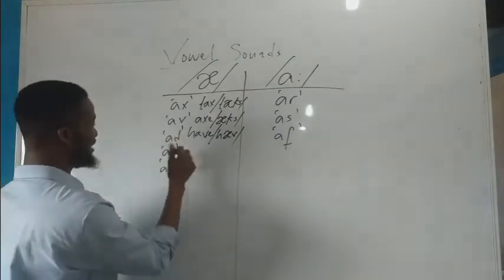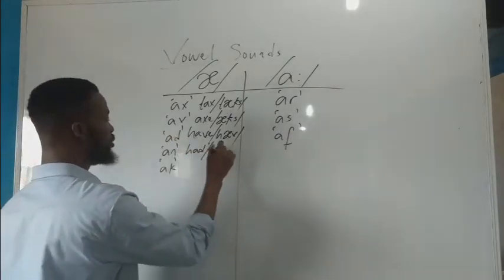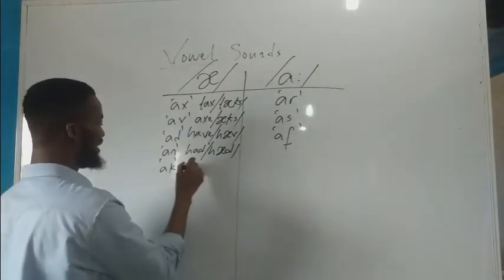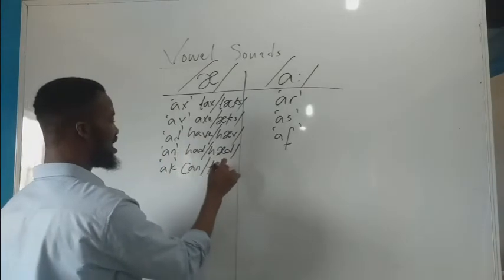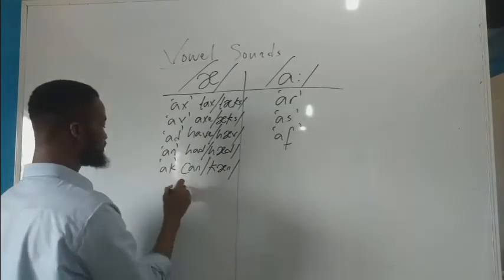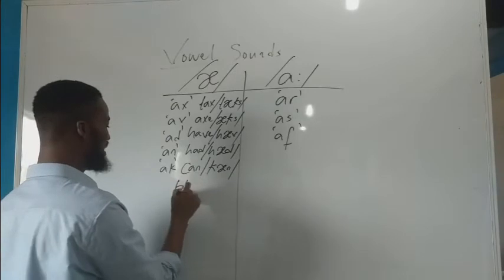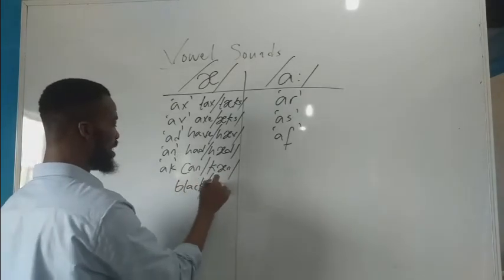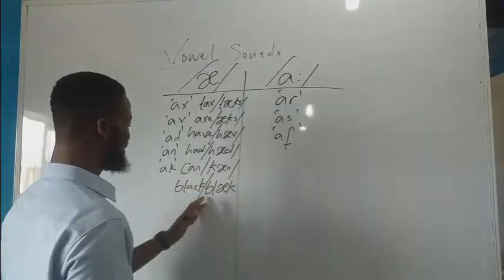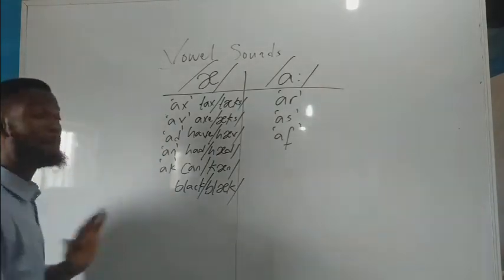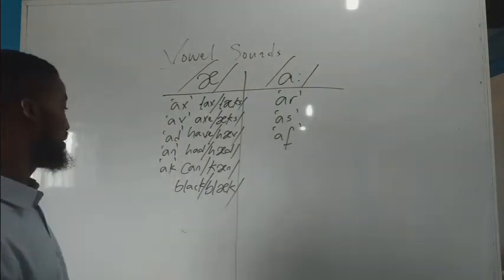Alright, AD, HAD is going to be short. AN, CAN is short. If I have BLACK, this is pronounced as black. It makes it short. These sounds, there are more, we're going to be looking at them.